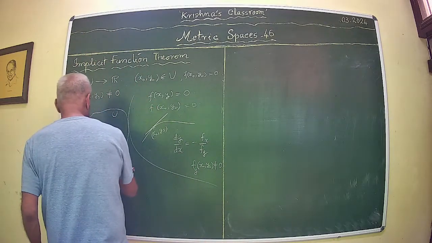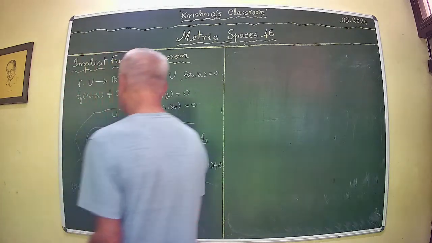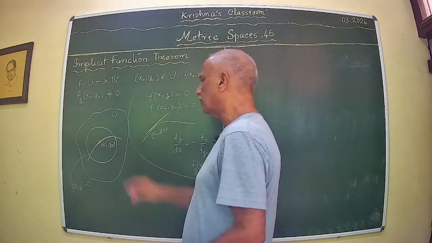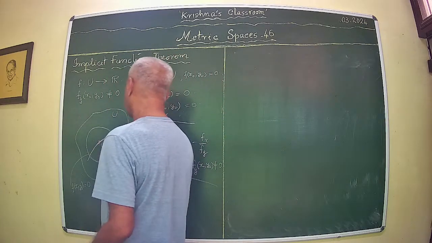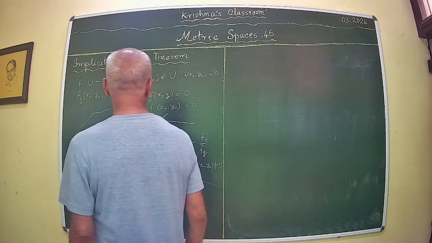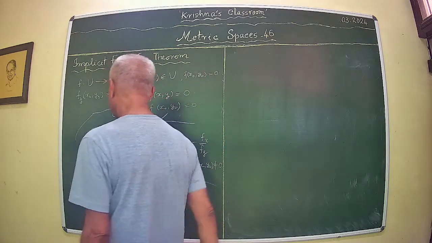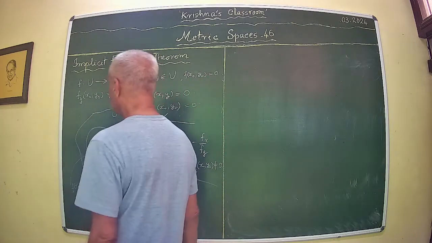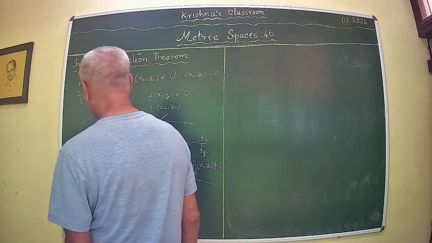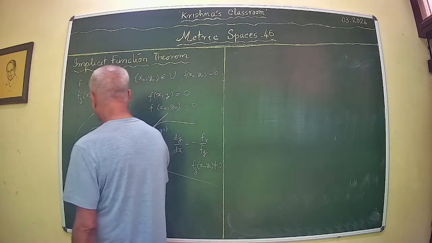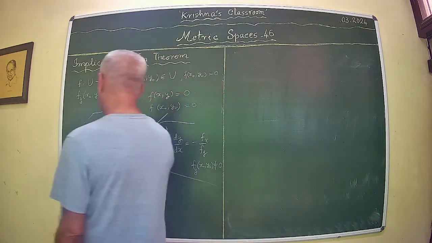is given by this, and what you say is that, suppose x0 y0 is a point such that fy x0 y0 is not equal to 0, and of course f of x0 y0 is equal to 0, then there is a well-defined tangent here, which is not in the vertical position.